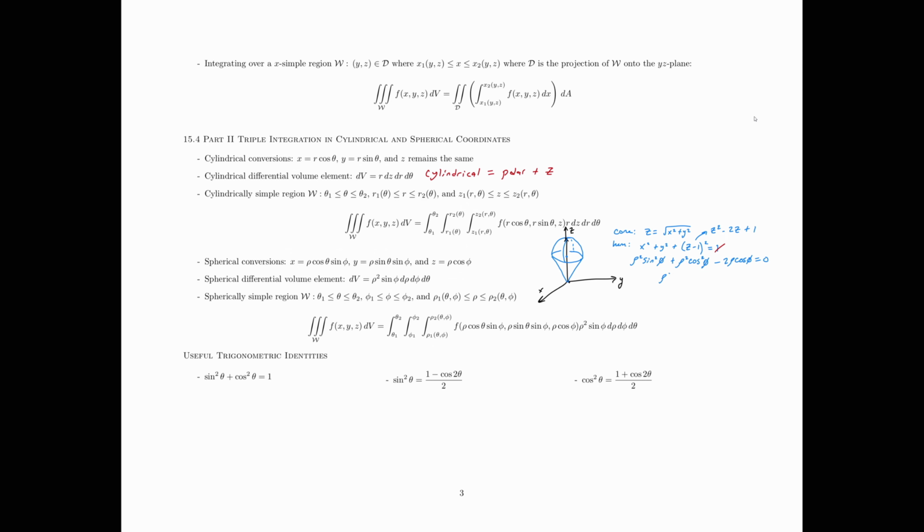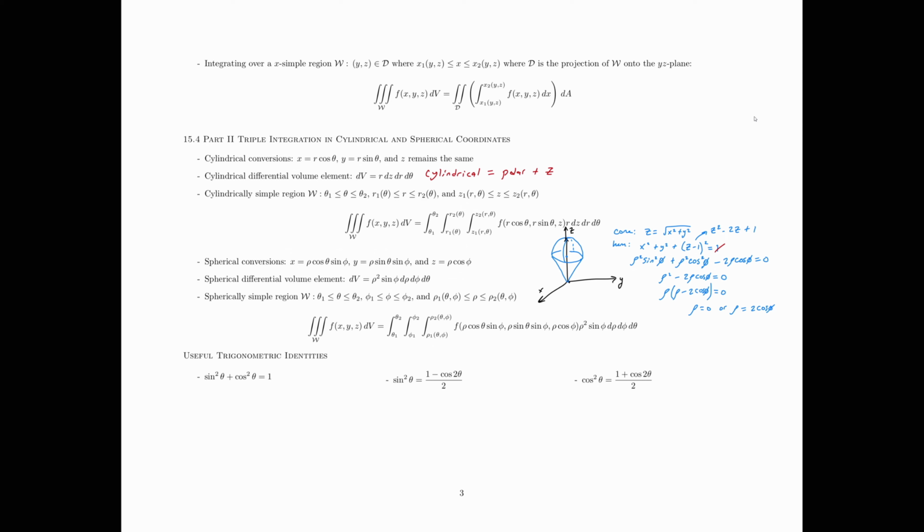So we should have rho squared minus 2 rho cosine phi equals 0. Solve here. And then we get rho equals 0 or rho equals 2 cosine phi.